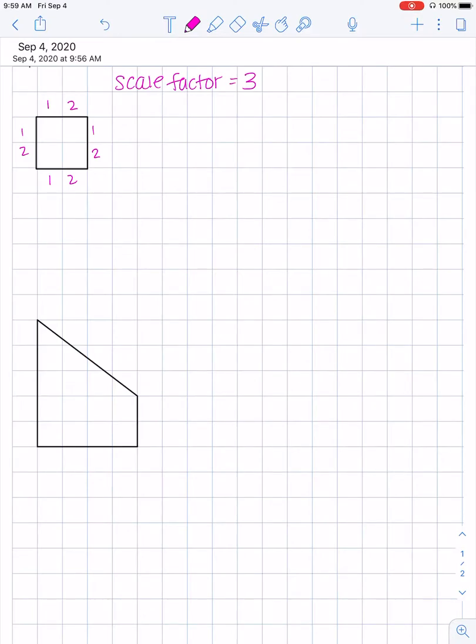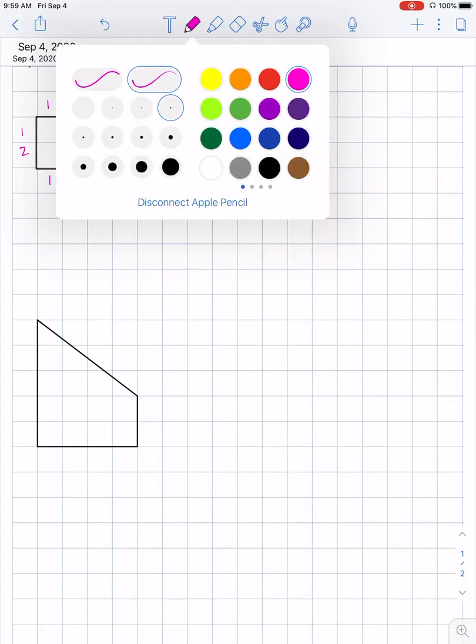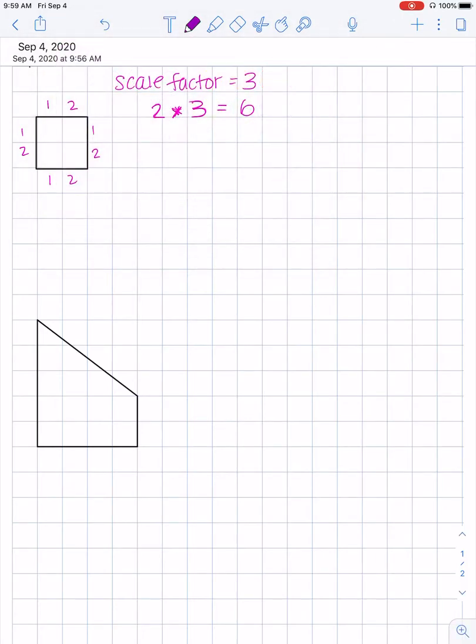So I'm going to take our side of 2 units and make it 3 times as big. 2 times 3 equals 6. So now I know that all of my sides on my new square need to be 6 units long.